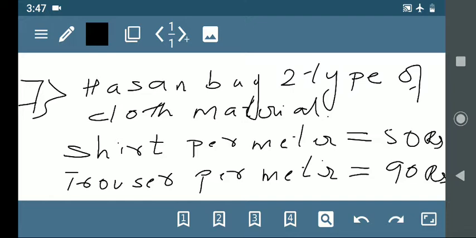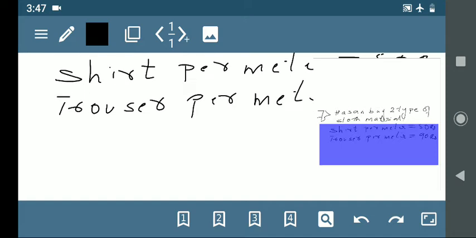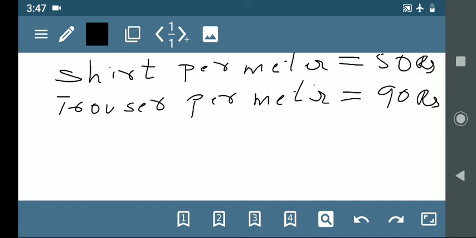For every 3 meters of shirt material, he buys 2 meters of trouser material. What does it mean? For every 3 meters of shirt, he has to buy 2 meters of pant or trouser material. So that is in the ratio 3 is to 2. He is buying in the ratio 3 is to 2.